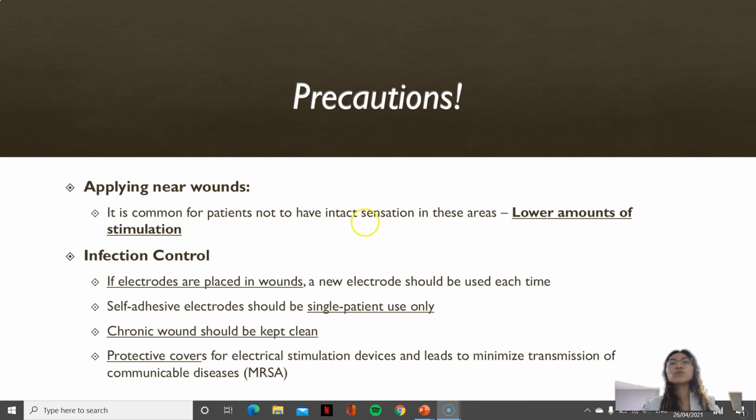Okay, so with this one, as precautionary, you should lower the amounts of stimulation because we wouldn't want burn cases. No, common pa naman siya sa direct current. Okay, sa direct current, meron tayong mga burn cases, no?